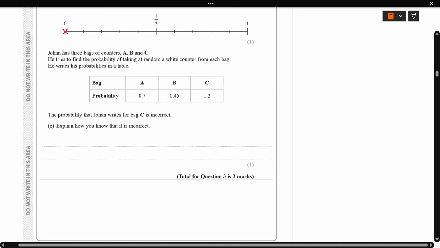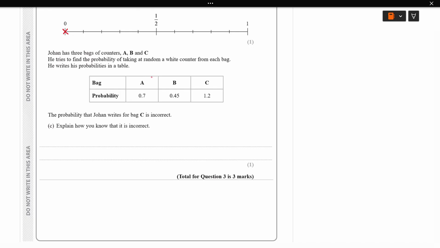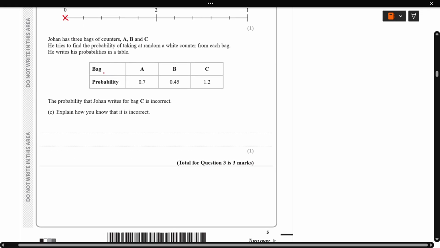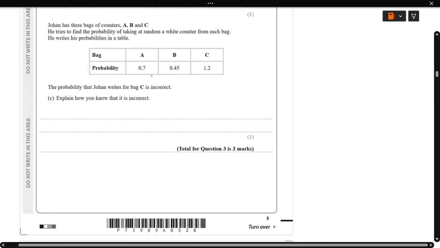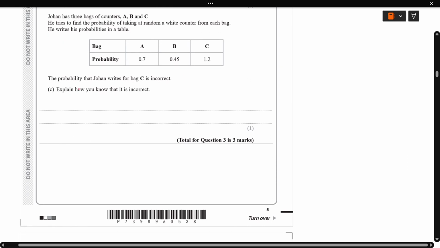Next, Johan has 3 bags of counters A, B, C. He tried to find the probability of taking a random white counter from each bag. So he writes the probabilities on the scale. Bag A is 0.7, B is 0.45, C is 1.2. The probability that Johan writes for bag C is incorrect.